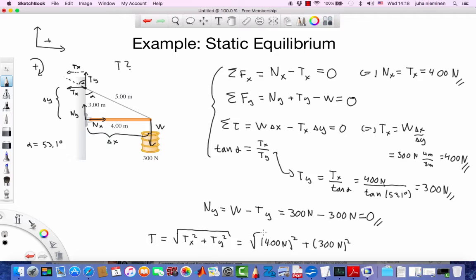Good. That's 3, 4, 5, a perfect square in that sense, so we get 500 newtons for the magnitude of the tension force. And all these components that we had turned out to be positive, so ty, tx, and nx are indeed in the directions that we originally guessed.